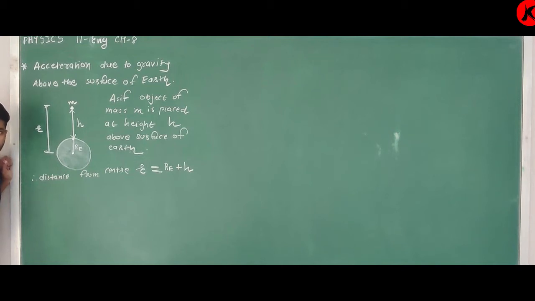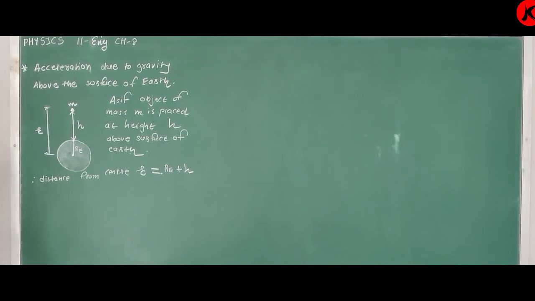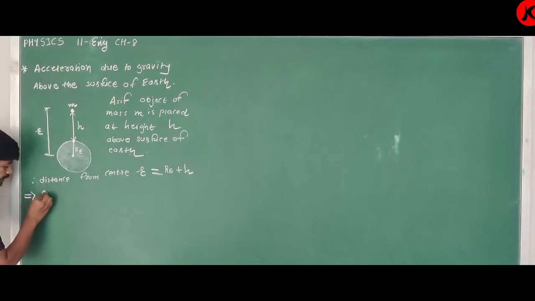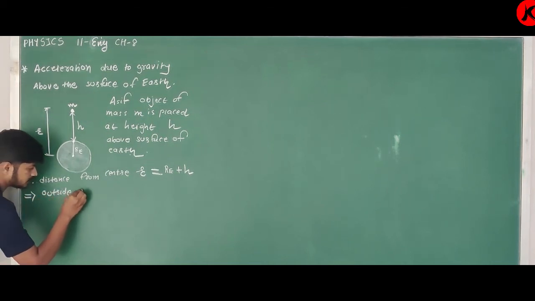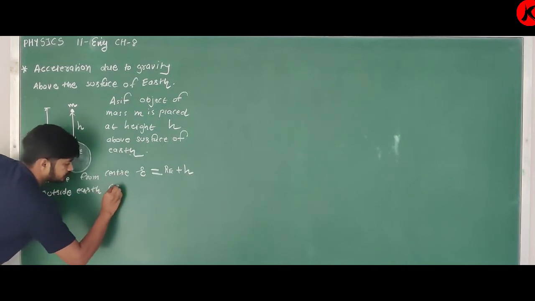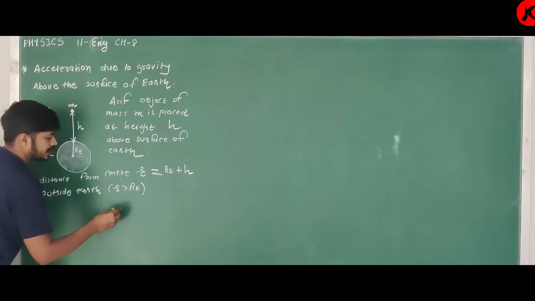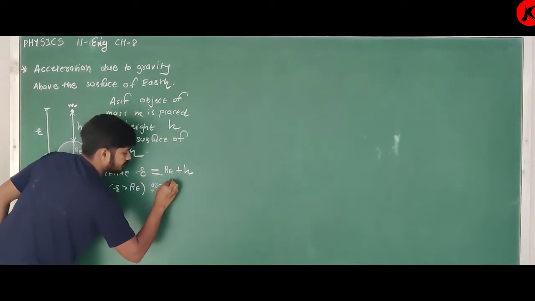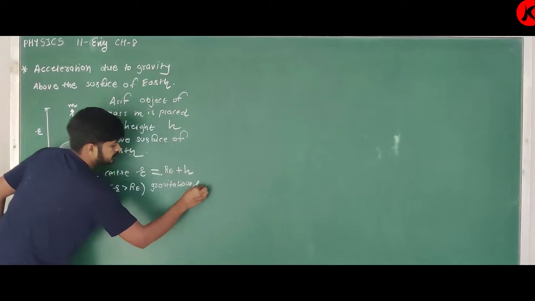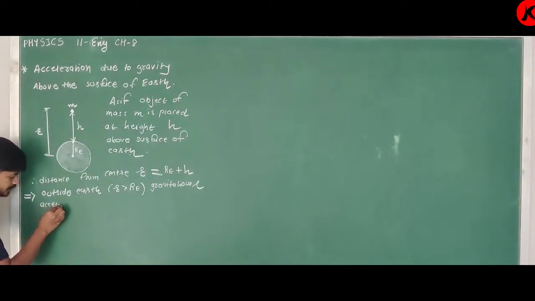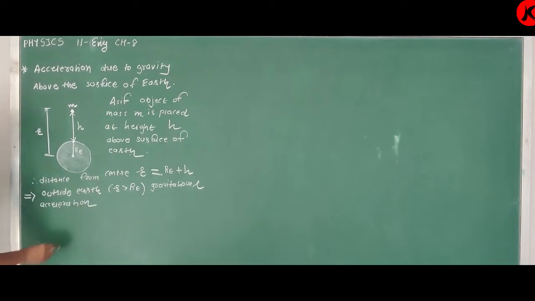Now at this point, outside Earth, at distance r, what is the gravitational acceleration? We have obtained the formula: for r greater than RE, outside Earth, the gravitational acceleration, we know its formula.